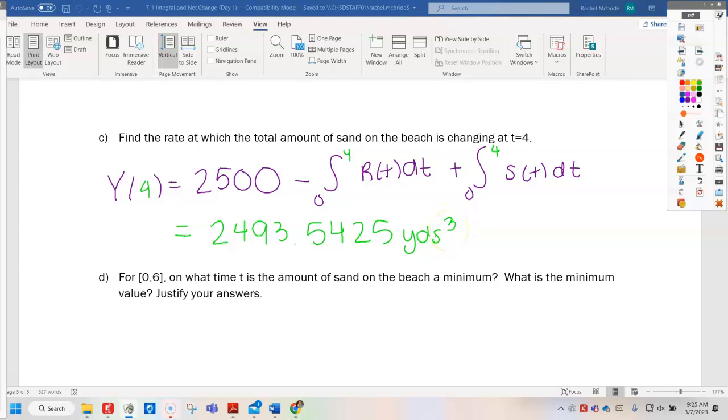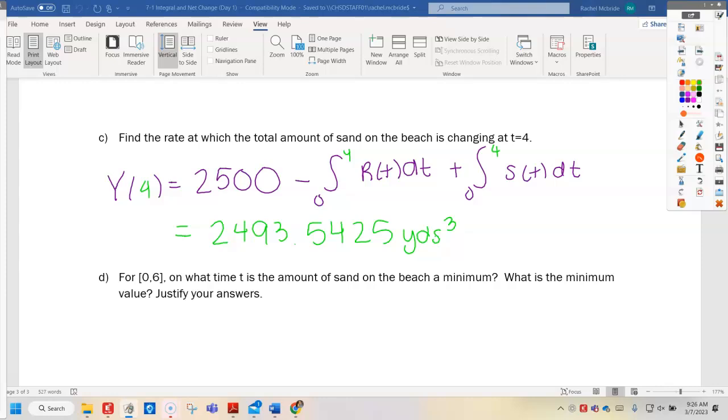Okay, so let's just go with yards because we integrated. So does that matter because it's the same kind of rate? So that represents the yards of sand on my beach, right?